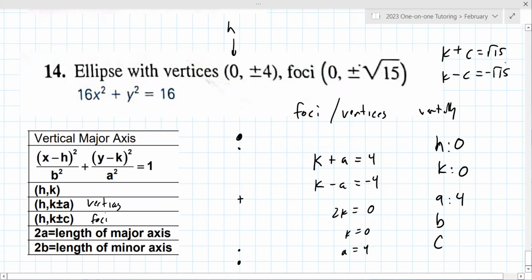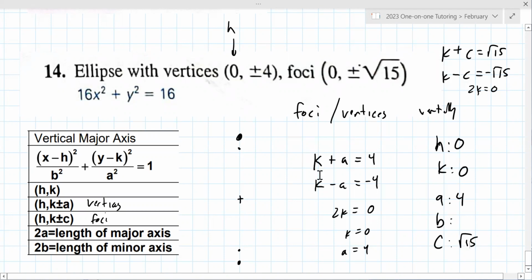So we find that 2k equals 0, so k again equals 0, but we know that c is the square root of 15. Where did you get the 2k from? You add the two equations together.